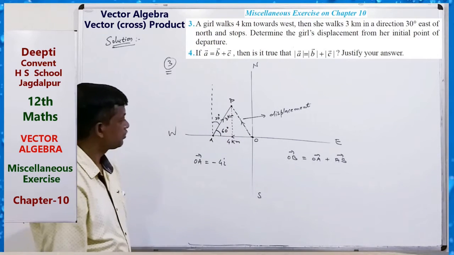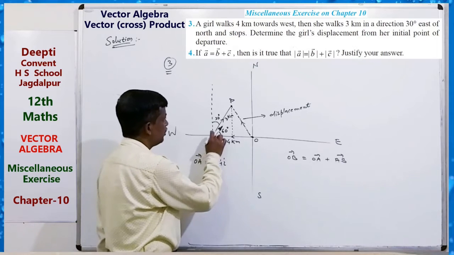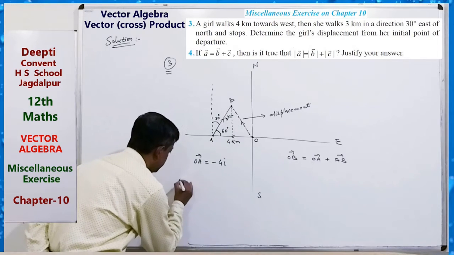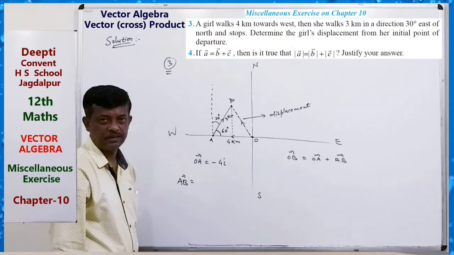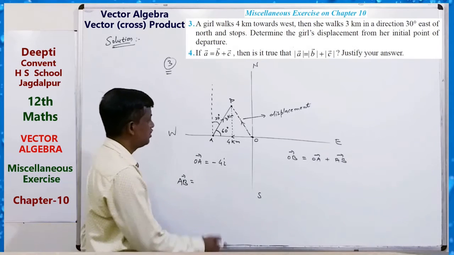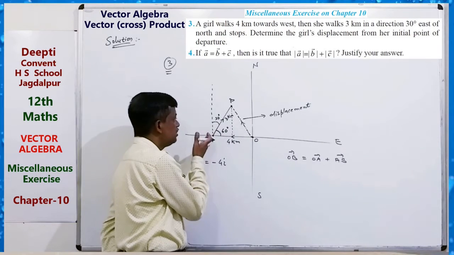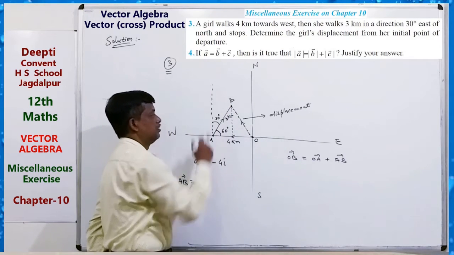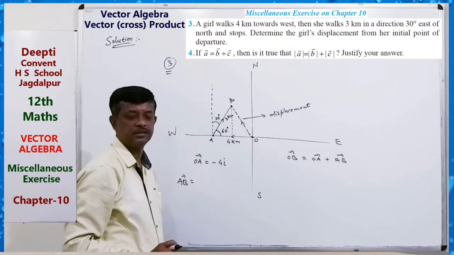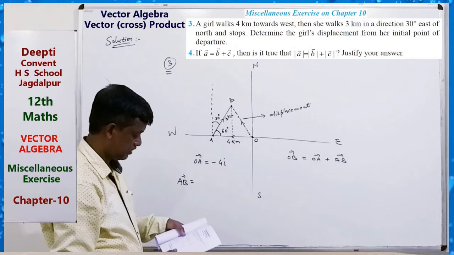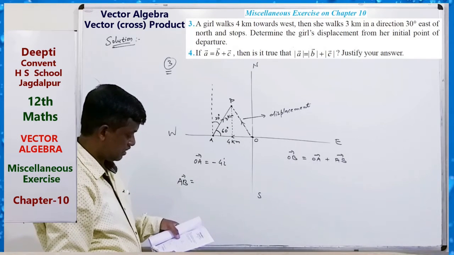In the component form, if we draw a perpendicular like this, then AB can be written first of all in this direction component and in this direction component. So this and this. How can we get it?